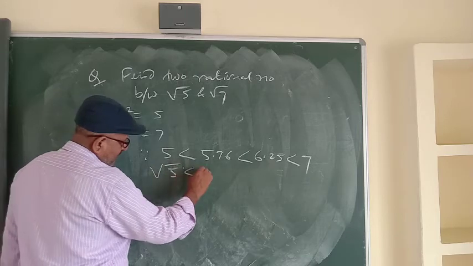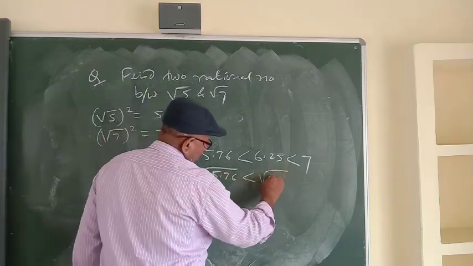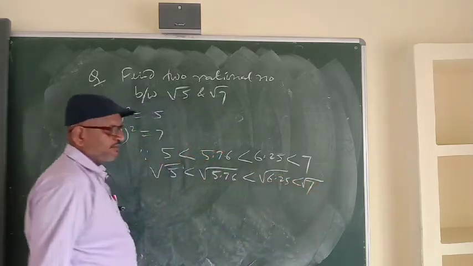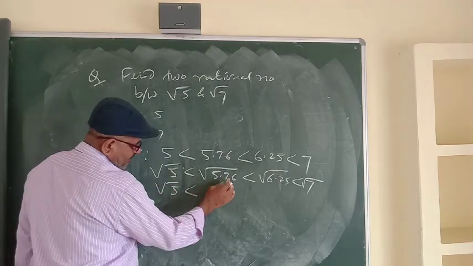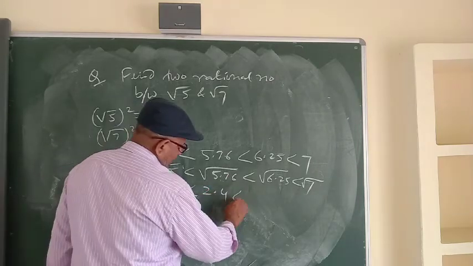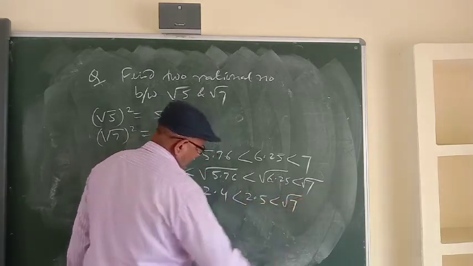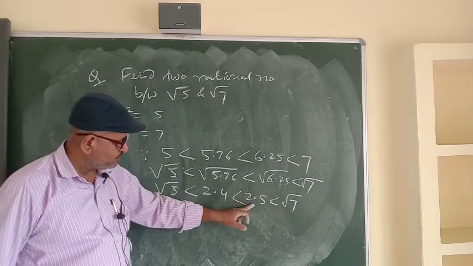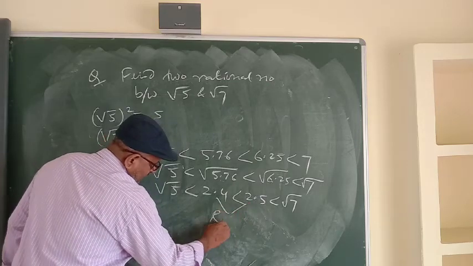So root 5 is less than root 5.76, less than root 6.25, less than root 7. The square root of 5.76 is 2.4, and the square root of 6.25 is 2.5, less than root 7. So between root 5 and root 7, we are getting these two numbers, which are rational.